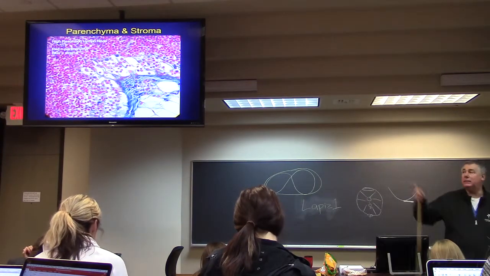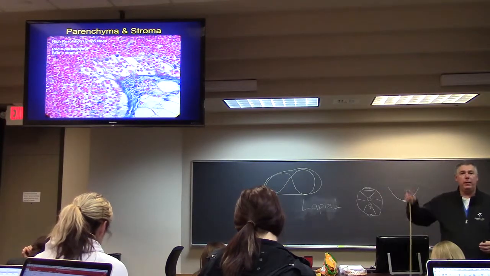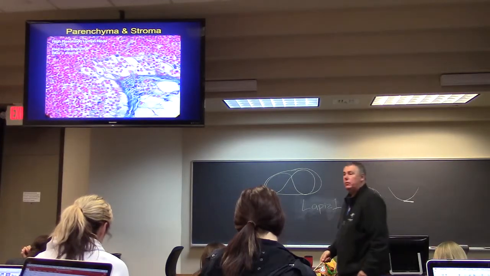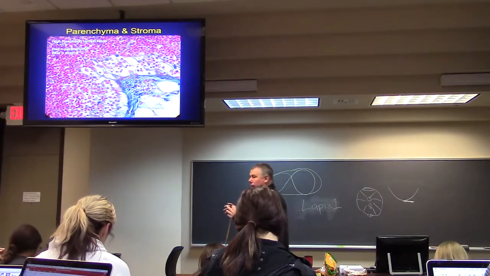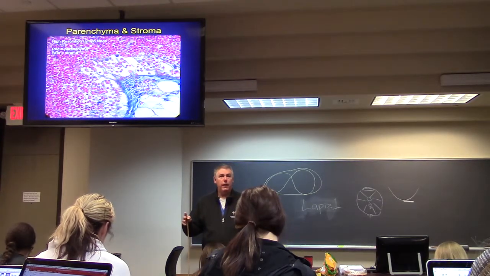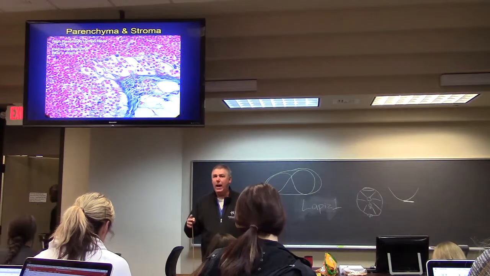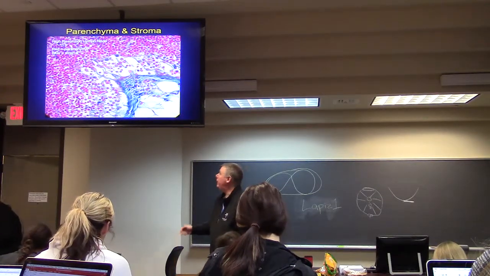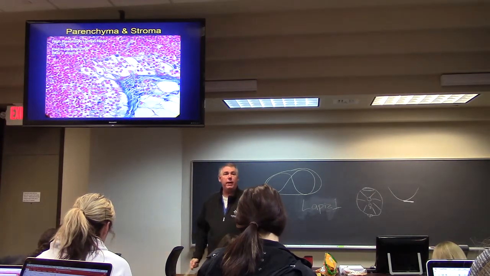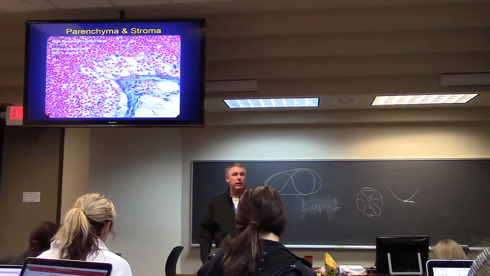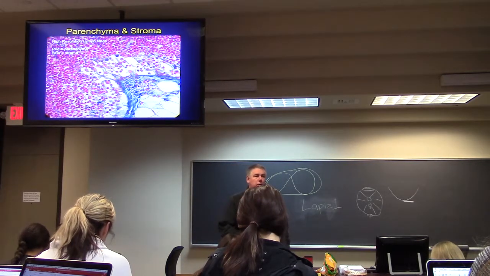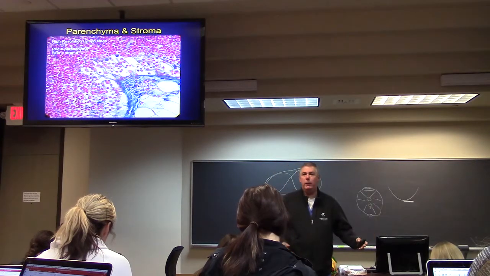The parenchyma, in this case, of a lymph node would be lymphocytes, which are the red things. The stroma is the scaffolding of the structure. And almost all structures have a scaffolding to them. The scaffolding here of a lymph node is the blue stuff. These are made of reticular cells. They create the firmness of a lymph node. The liver has a scaffold. Everything has a scaffold.